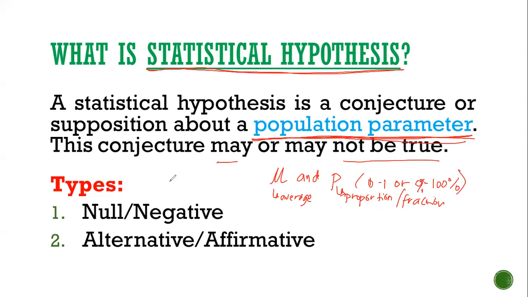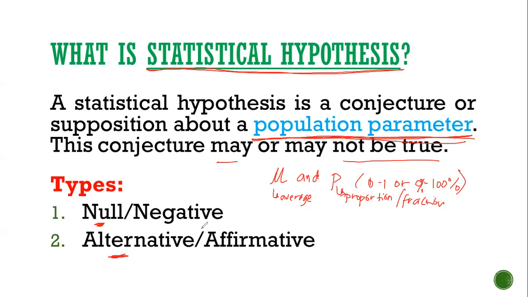Okay? And then we also have here your two types, your null or your negative. And the second one is alternative or affirmative. Okay? Either null or negative, alternative or affirmative. Pero for the sake of discussion and of course unison, we will just utilize null and alternative.